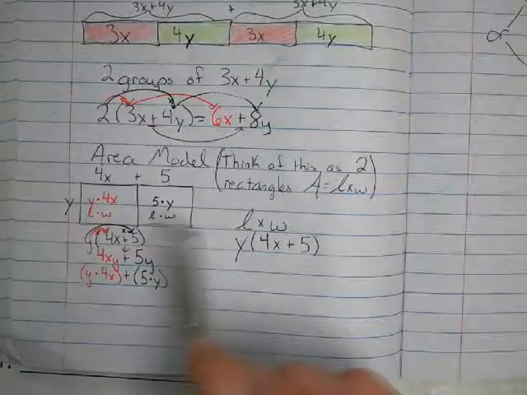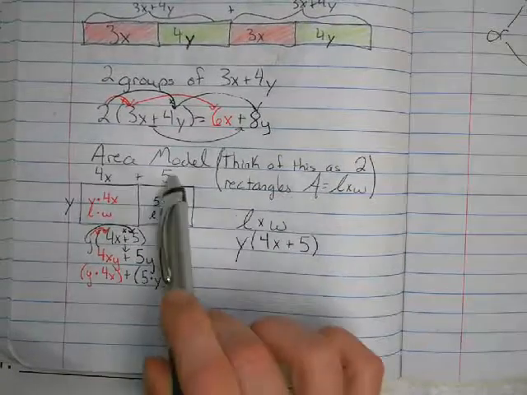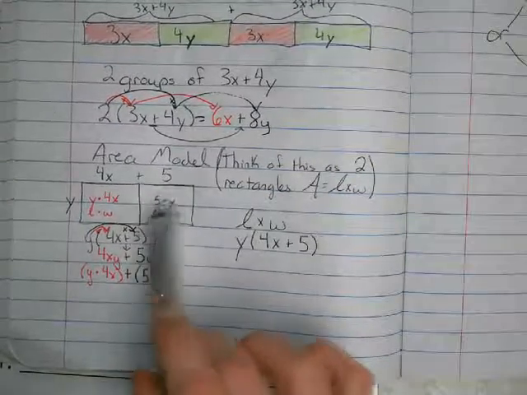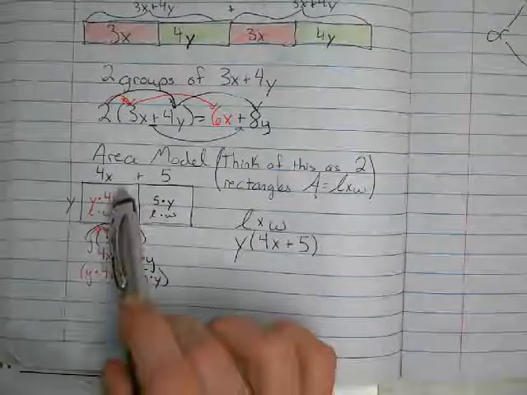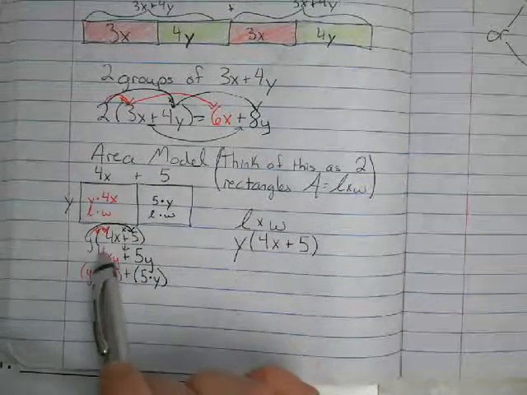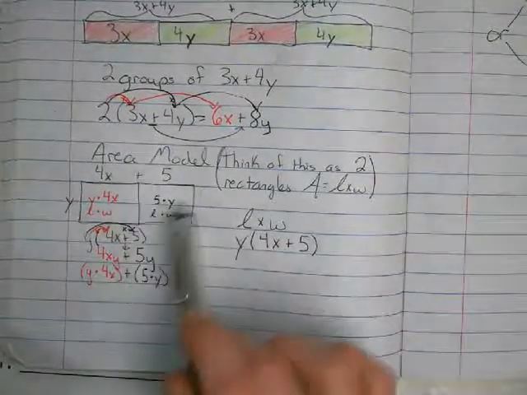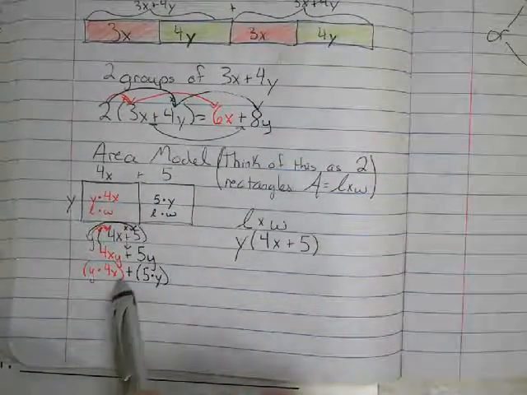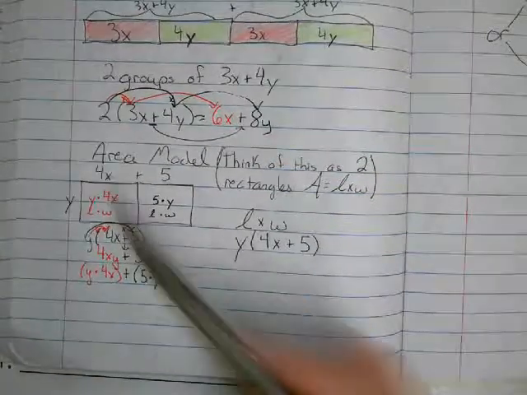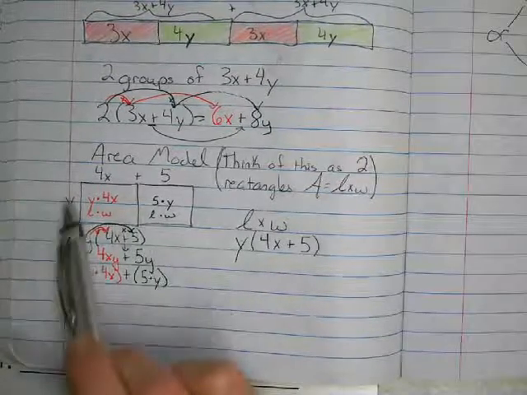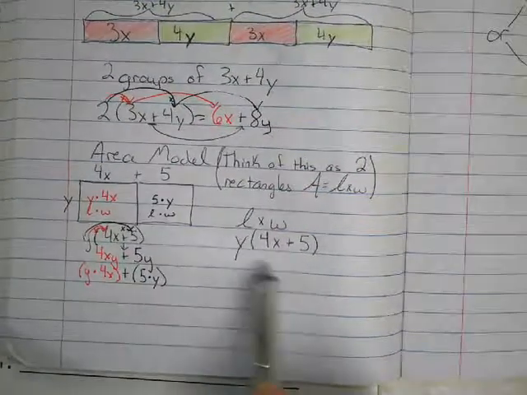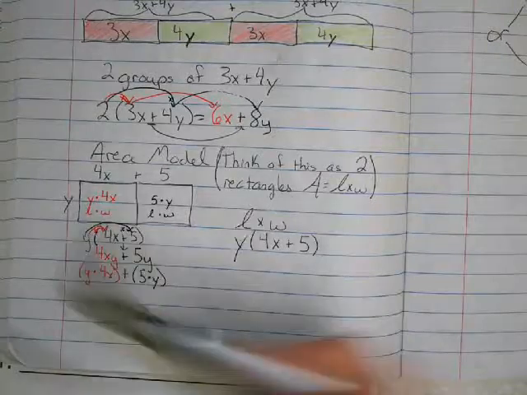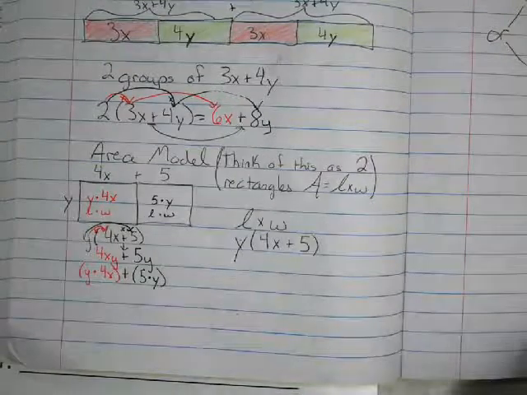And my y is that here, so I have my y times 5, and that's my length times my width. So what that gives me is we have 4xy plus 5y, and this term came from y times 4x, and 5 times y, which is y times 5 here. And remember, when you do the area model, it's just like multiplying length times width.